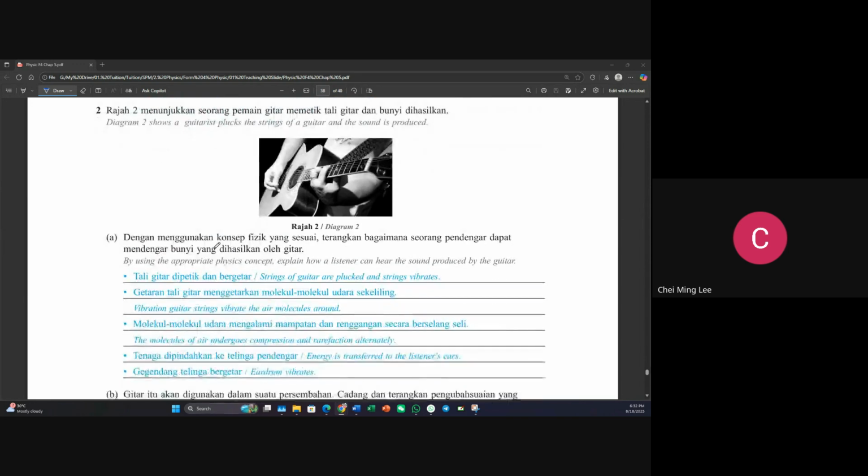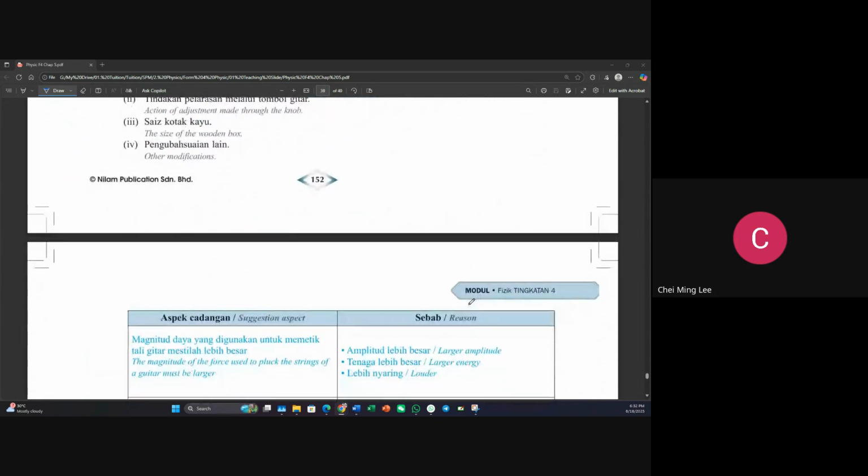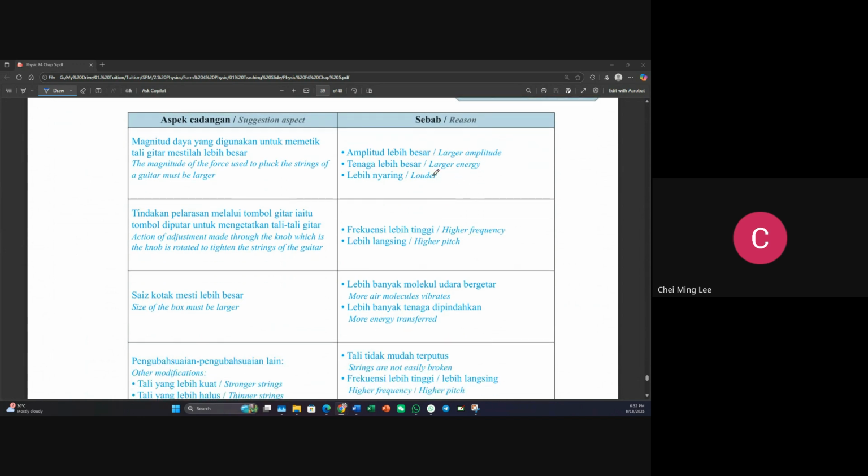Done? Okay, so now let's see. The guitar will be used in the presentation. He wants you to suggest and explain the modification that we can make to the guitar so that it can generate sound more effectively and the guitar sound can be heard more clearly. First, in terms of magnitude, the force used to pluck the string must be larger so that it can produce a larger amplitude, larger energy, and the sound will be louder.